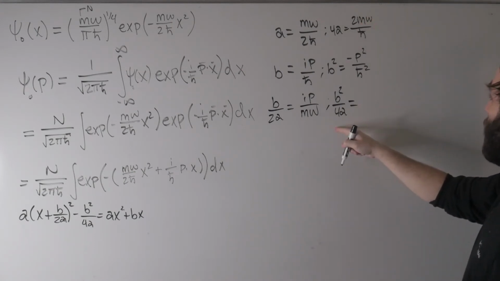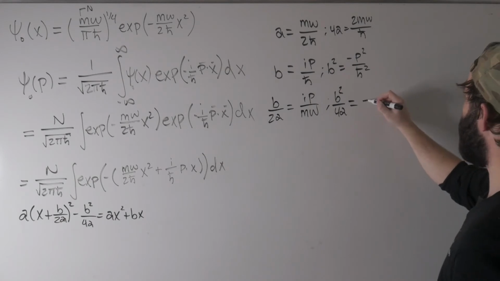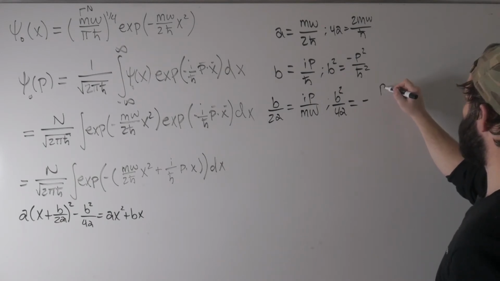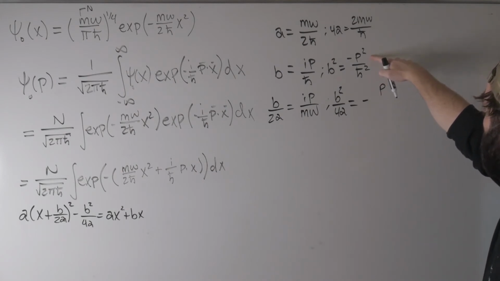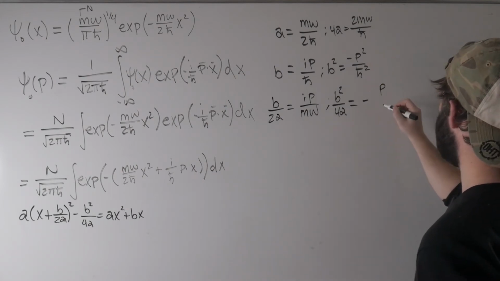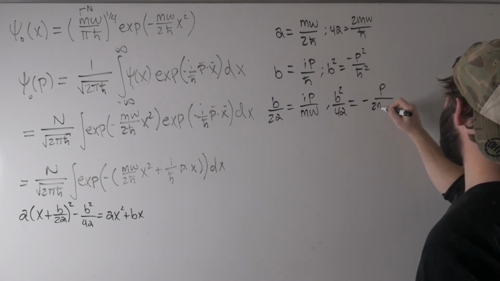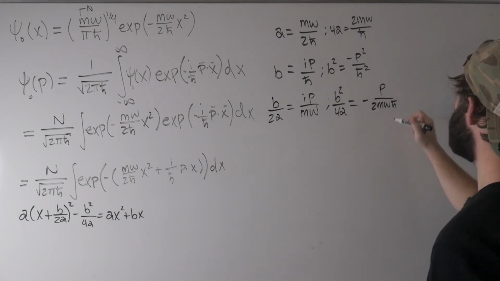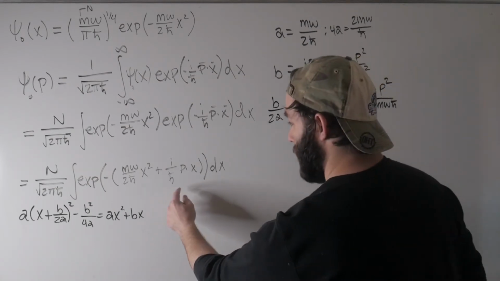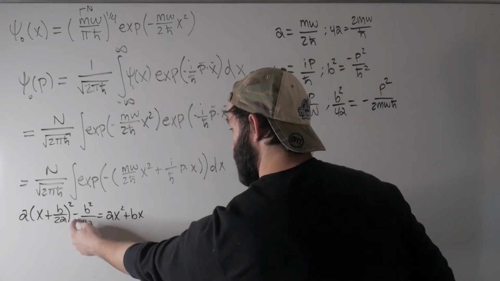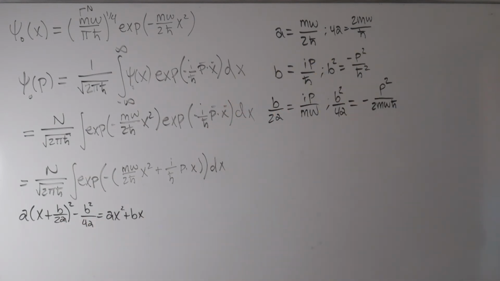B squared over 4a is then going to be minus, let's see, so we've got a minus p squared over 2m omega h bar, right? Yep, only one of those factors of h bar cancels. And this is p squared. Okay, and then we're going to end up multiplying, this is minus b squared over 4a.